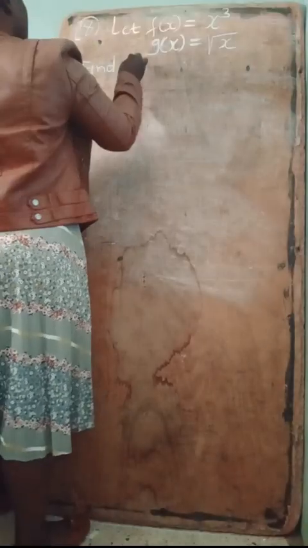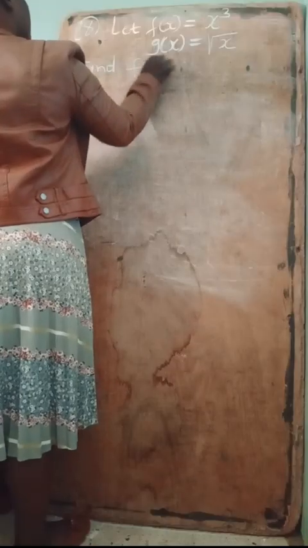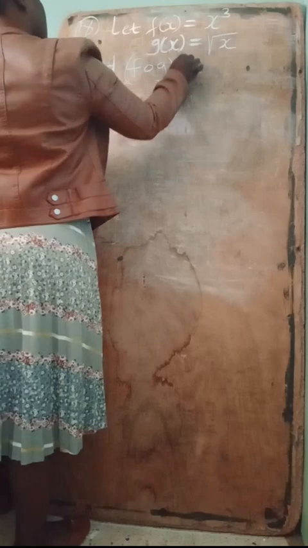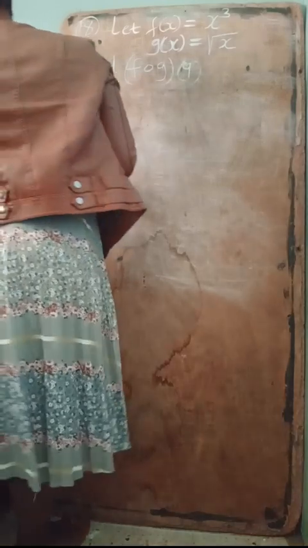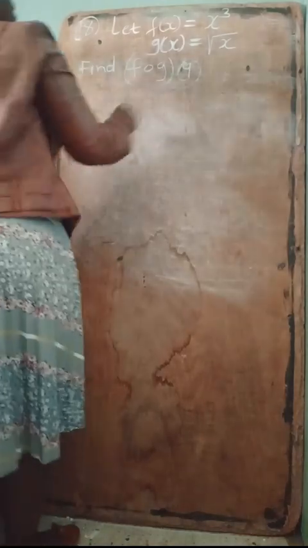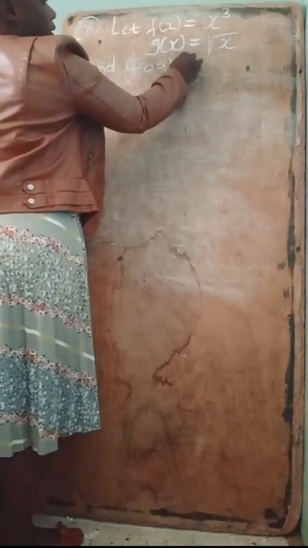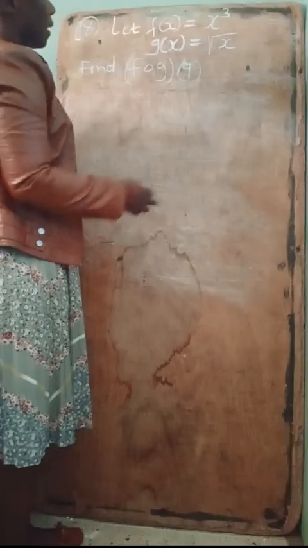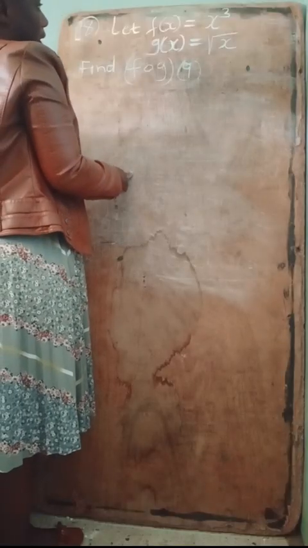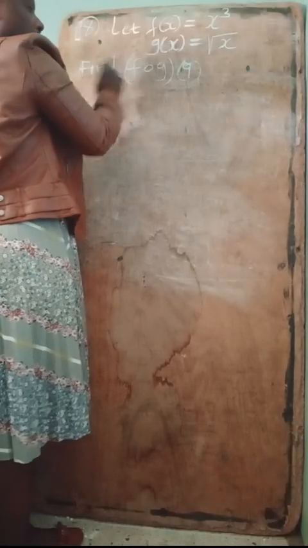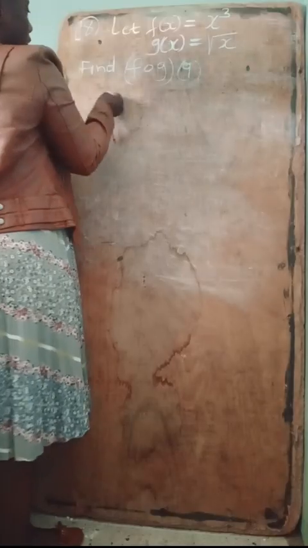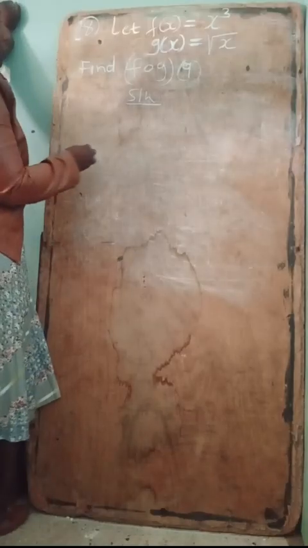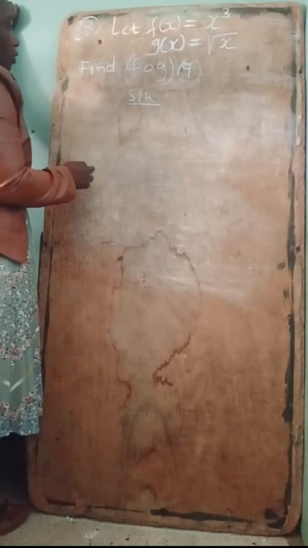We are finding f of g of 9. As we said earlier, first things first, we put the function of g in the function of f first. So solution here, we are first of all putting the function of g in the function of f.